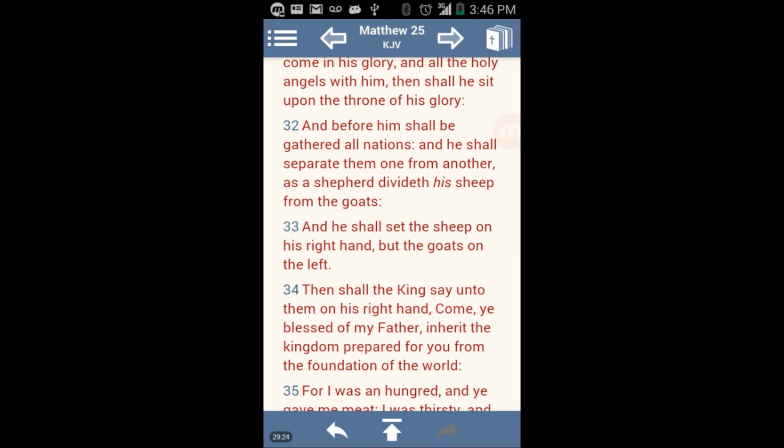The left hand. The sheep is the blacks, Hispanics, and Native Americans, because that's the people of Negro descent that has woolly texture hair. The goats have straight stringy hair. Okay, so they not the sheep. The sheep are the so-called Negroes. All right, that's going to be separated from these white folks and all these other heathens. Say that God going to sit the sheep on what side?